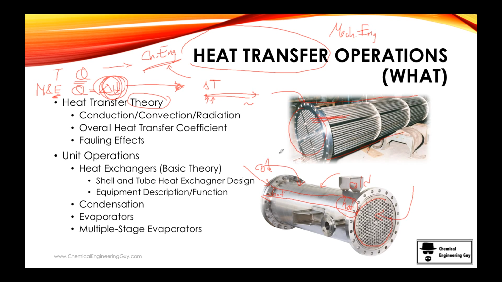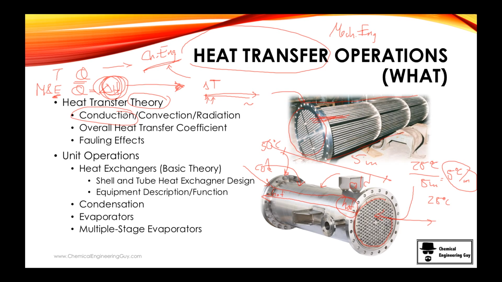For instance, say we have 50 Celsius for the hot fluid, and it goes out at 25 Celsius, over 5 meters of length. So we have a loss of 25 Celsius: 50 minus 25 divided by 5 meters, which is 5 Celsius per meter on average. We're interested in that as well.